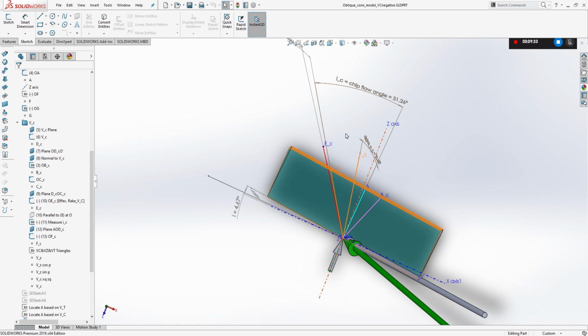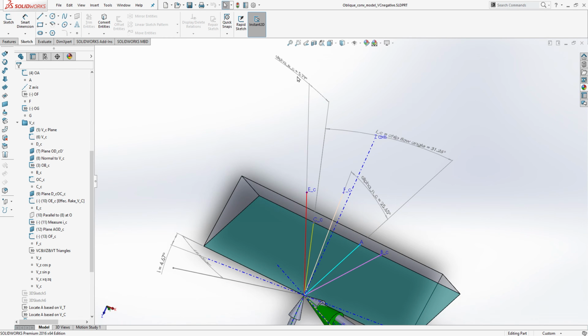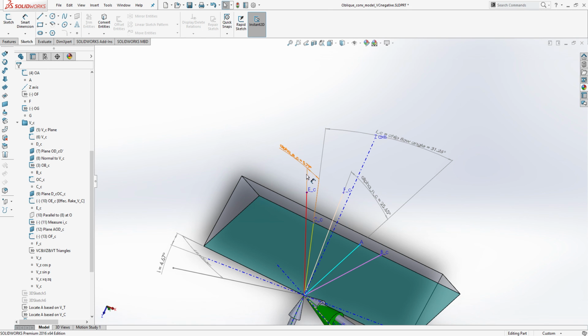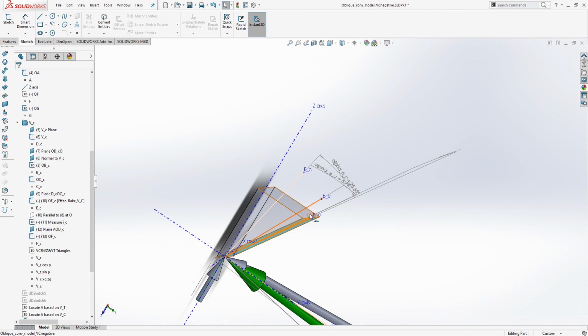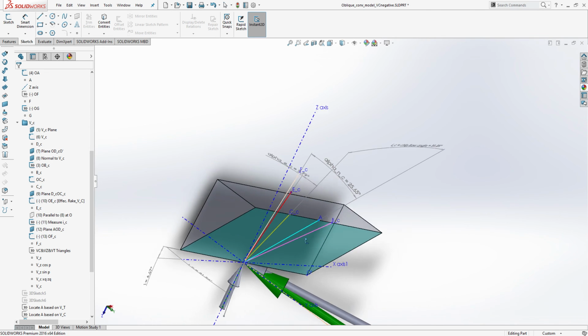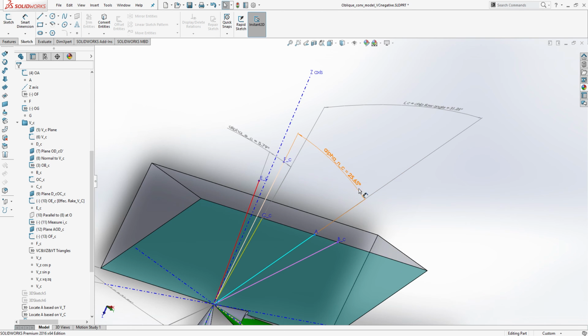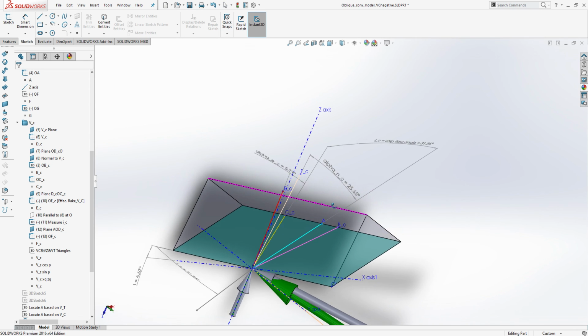I can also measure alpha e now. The alpha e value now is 5.79, but it is negative, because you can see it is a negative rake angle. And alpha n I can also measure. This is also negative, 25.65.